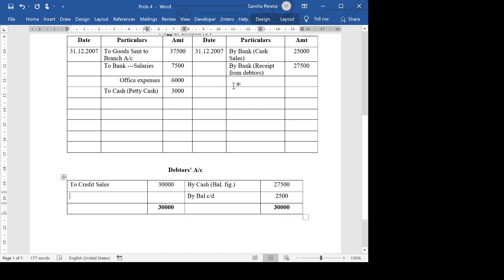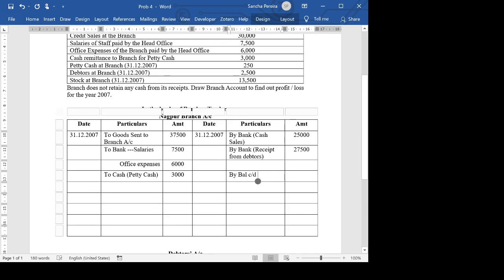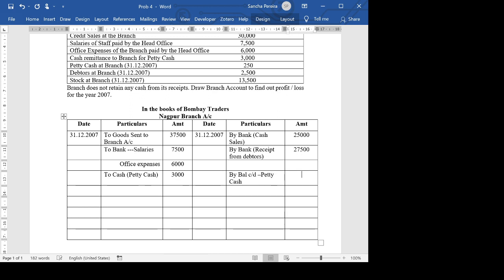Then we show the closing balances, leaving a line in case there's a profit or a loss, by balance carried down. So we have petty cash, which is 250.